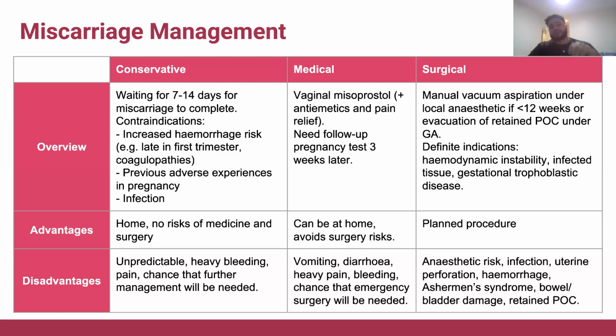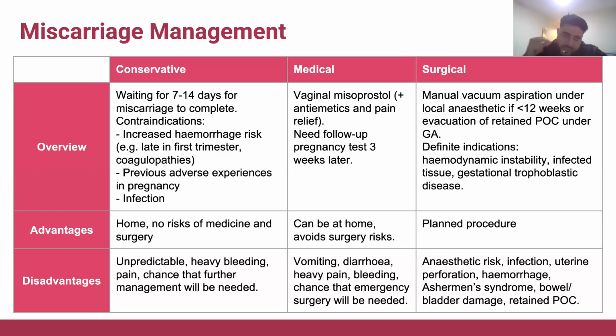Right? And in terms of surgical, this is basically where you're considering actually using surgical instruments to go into the uterus and remove the products of conception yourself. So this can be done under local anesthetic if the patient is less than 12 weeks gestational age, or it can be done under general anesthetic if they're over 12 weeks.